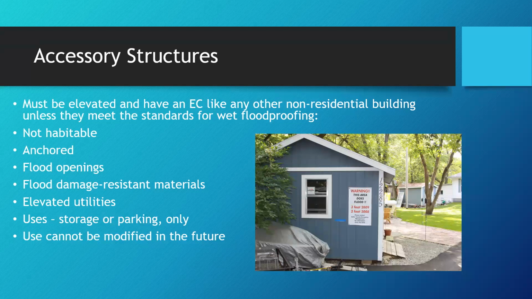It has elevated utilities above the base flood elevation, and it's used for storage or parking only, and you cannot modify that use in the future. So this is something we deal with all the time, and people don't put in the work to get them permitted and make sure that they're anchored and have the flood openings.